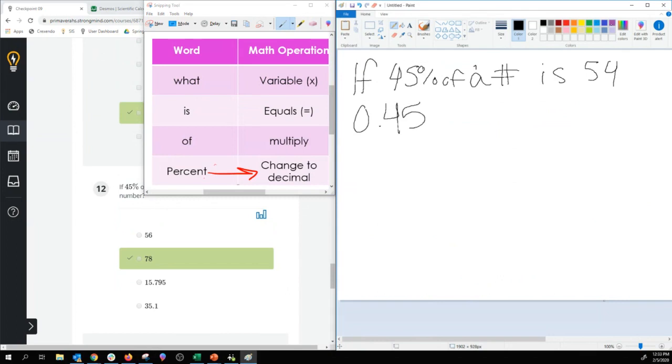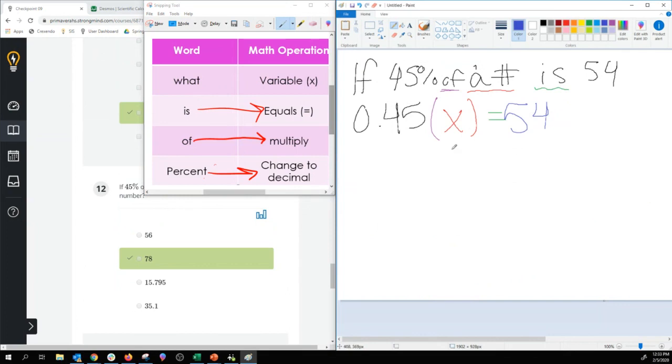The next word that I have here is of, right? Of tells me I need to multiply. So I'm multiplying. And a number. Now, I don't know what this number is, right? So since I don't know what this number is, I'm going to put an X because I don't know. Is tells me I need to put an equal sign, right? And 54 is just a number. I can leave that as 54.